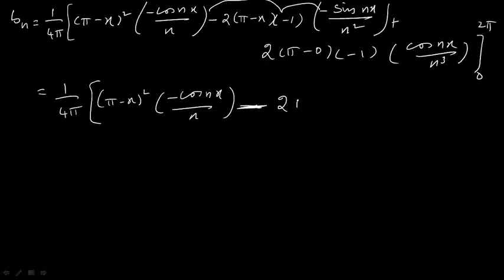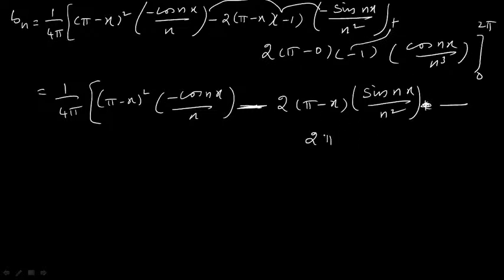So twice pi minus x sin nx divided by n square, plus here you have twice 2 pi minus 0 minus. So what you get? Minus plus. So instead of plus, here you have minus 2 pi cos nx divided by n cube, with the limit from 0 to 2 pi. Okay.